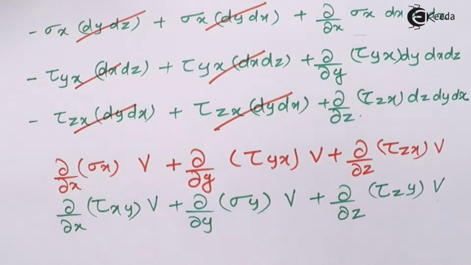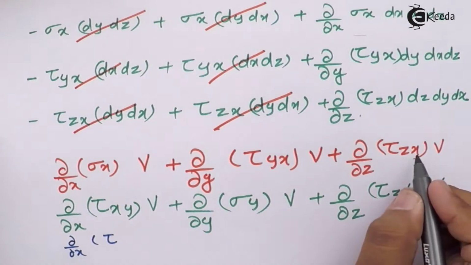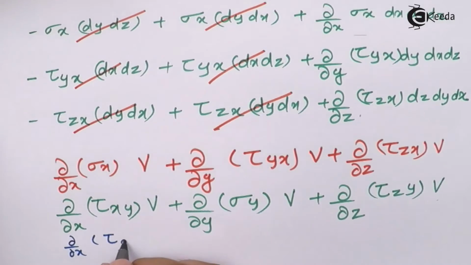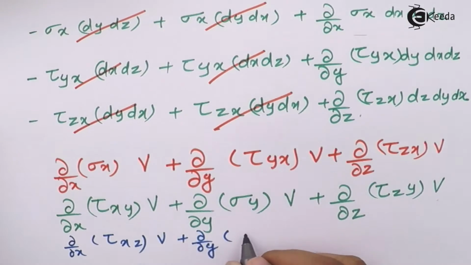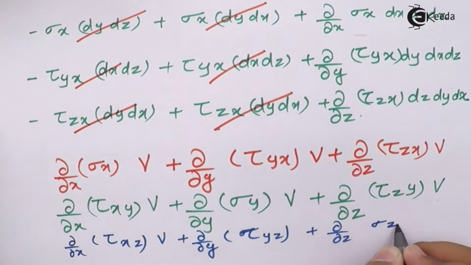So this we have written for y direction. And lastly, let us write down for z direction. This is dou by dou x of tau of x plane z direction into volume plus dou by dou y of tau of y plane z direction plus dou by dou z of sigma z.